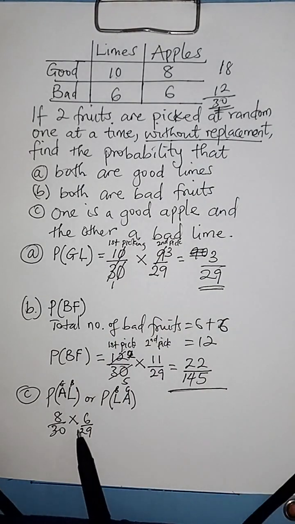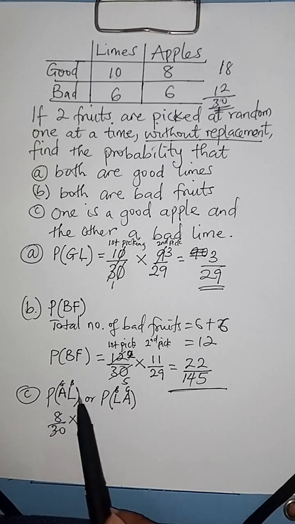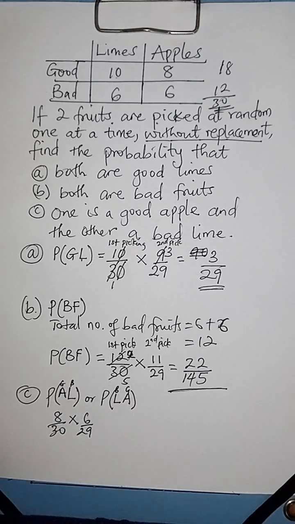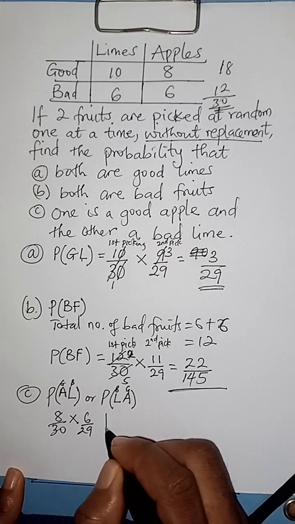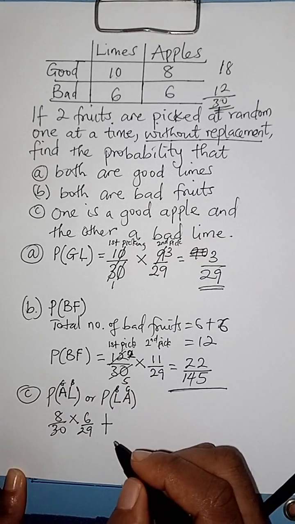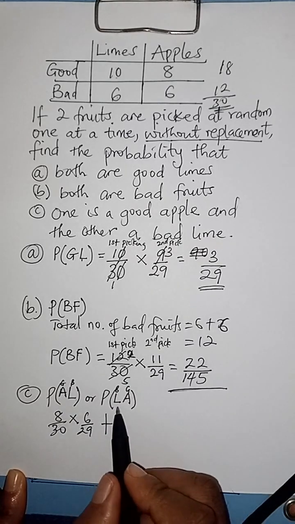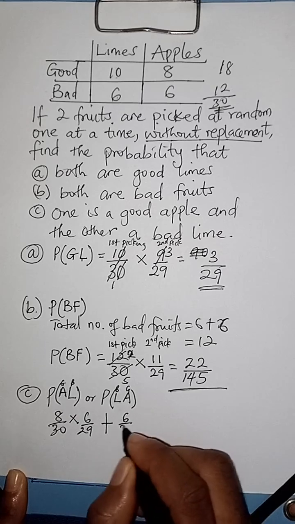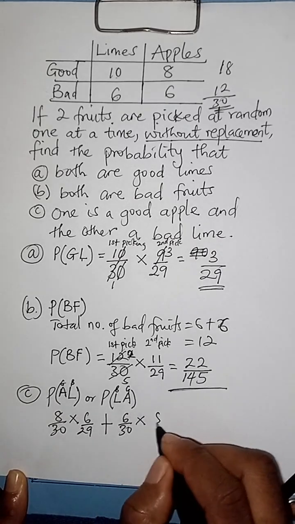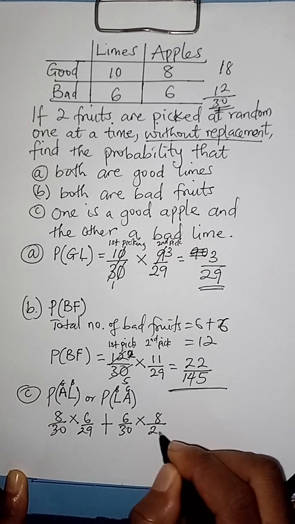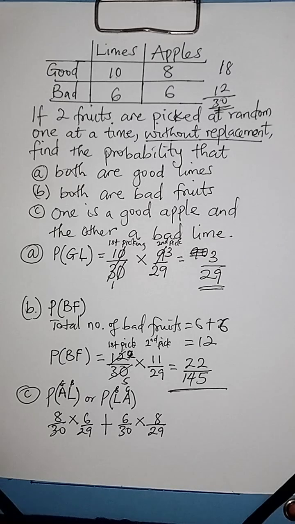But since they are of different fruits this time, the value will still remain the full fruit you have for each of them, or its addition in probability. Now, bad lime this time around is going to be 6 over 30, multiply good apple is going to be 8, bottom reduced by 1. So that's what you're having.